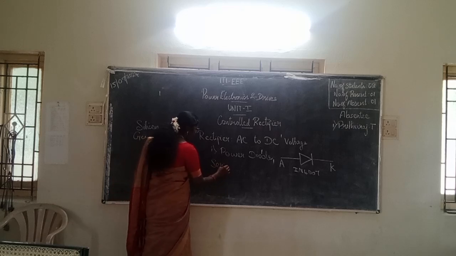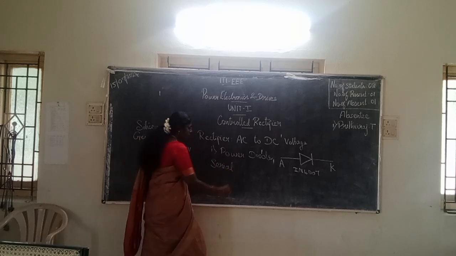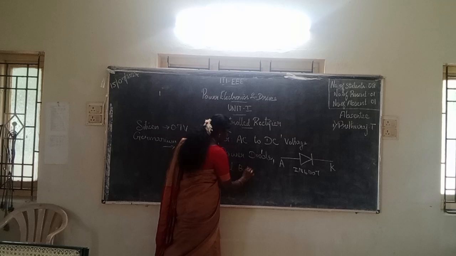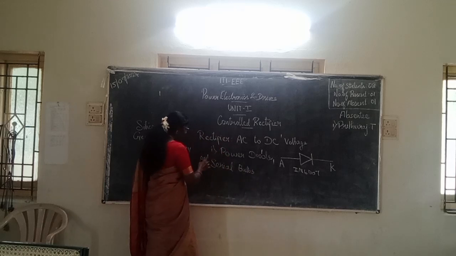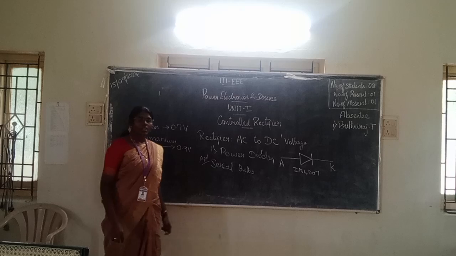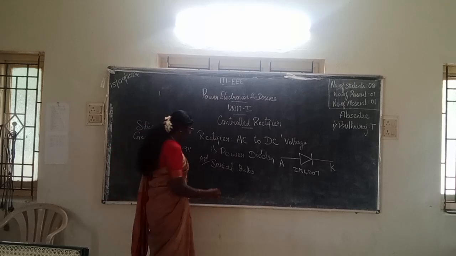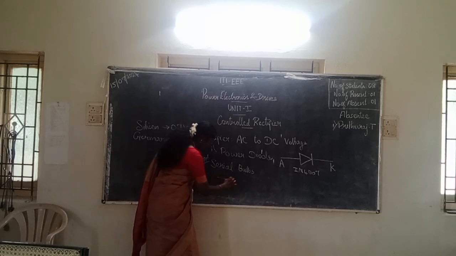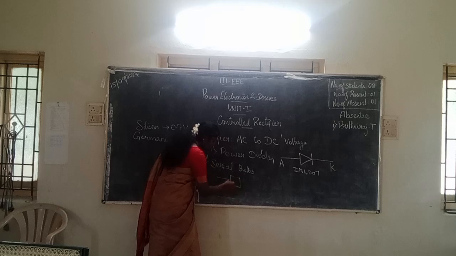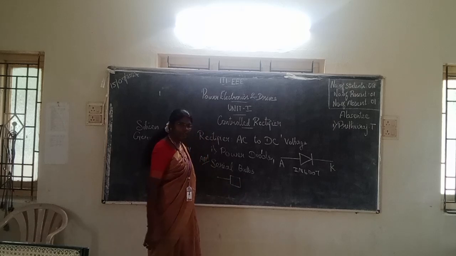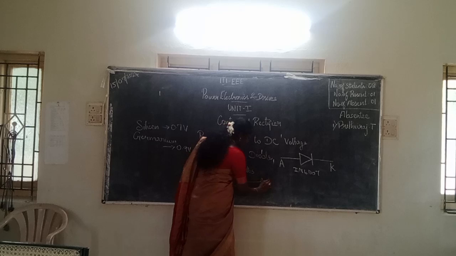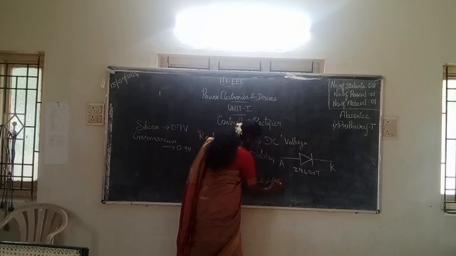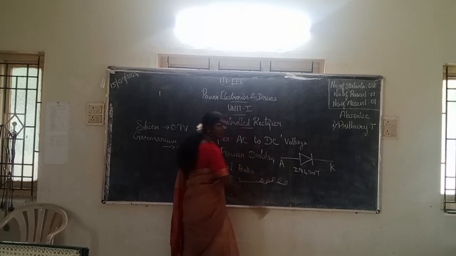Okay, I will tell you. In serial bulbs, you might have seen that after connecting to the plug, a small box will be there. Did you notice that? After that only the bulb filaments, which are connected in series, will be there. Am I right?